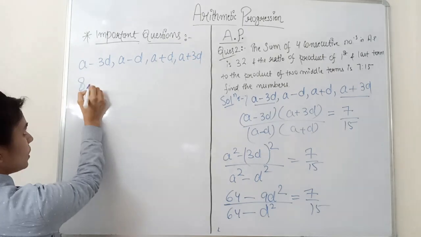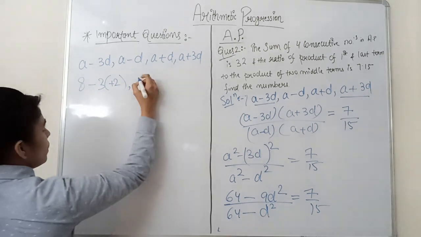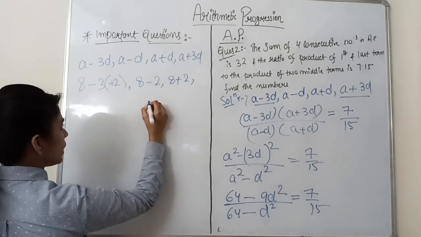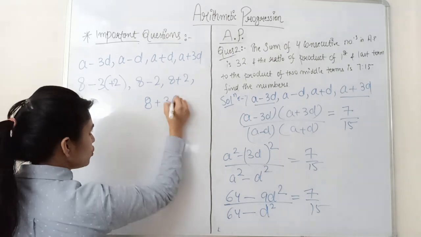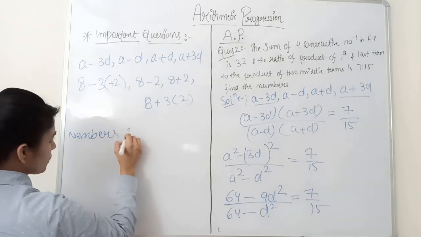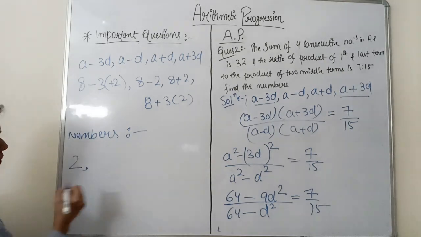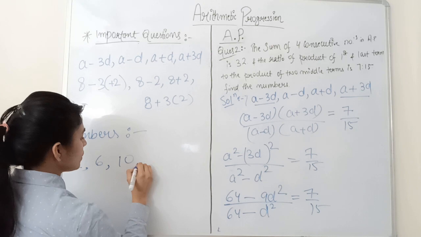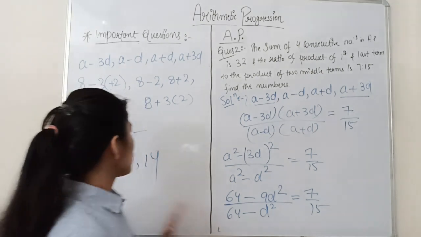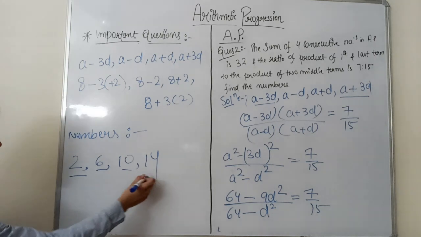What is a? 8 minus 3 into 2, taking positive 2, then 8 minus 2, 8 plus 2, and 8 plus 3 into 2. So our numbers are 8 minus 6 equals 2, 6, 10, 14. Okay students, these are the numbers of our arithmetic progression: 2, 6, 10 and 14.